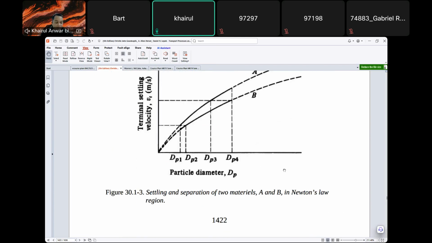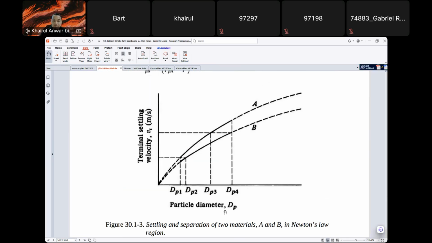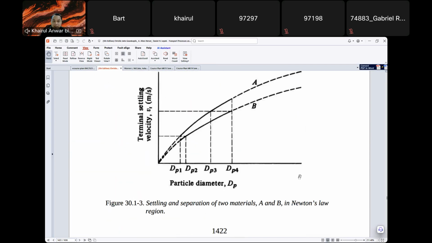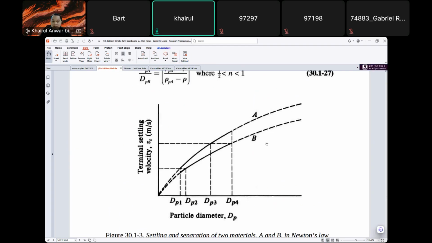So the settling between material A and material B: material A is galena, B is quartz or silica.